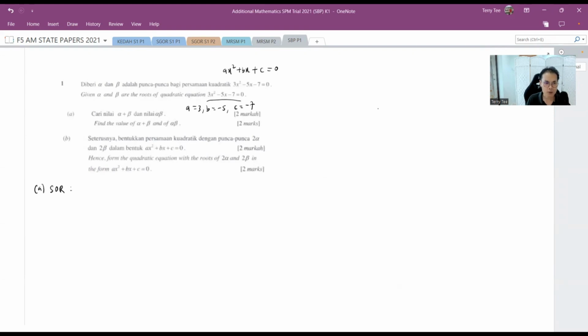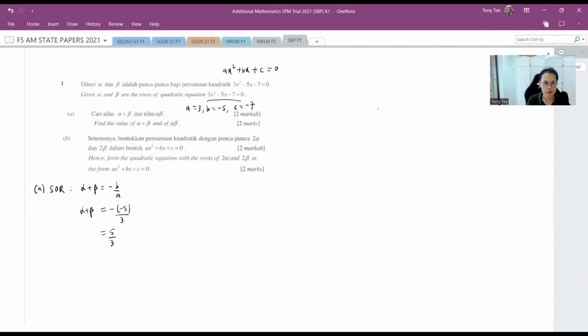The relationship between your alpha plus beta and your a, b, c is given by this SOR, which stands for sum of roots: alpha plus beta equals minus b over a. For my alpha and beta, we do not know, so we're going to leave it like this. Your b is now -5, your a is 3, answer is 5 over 3.